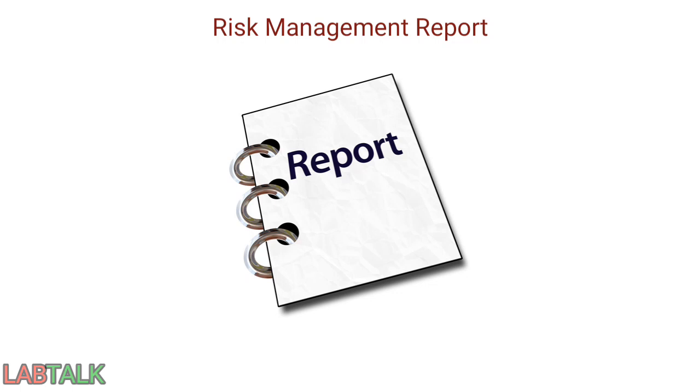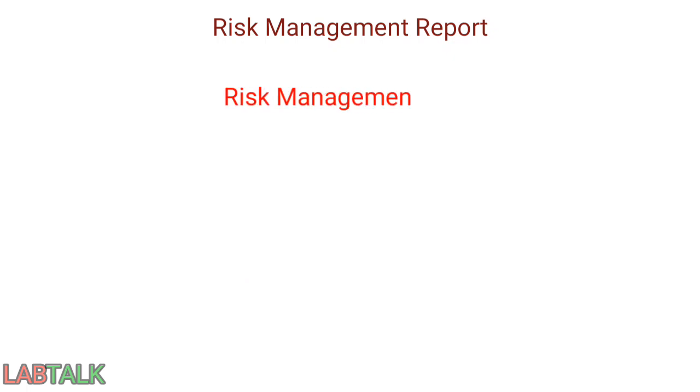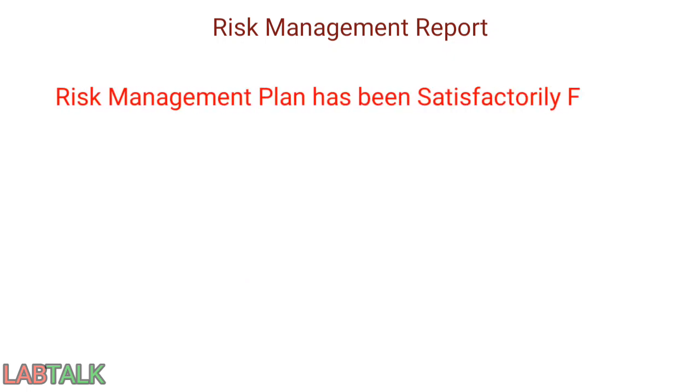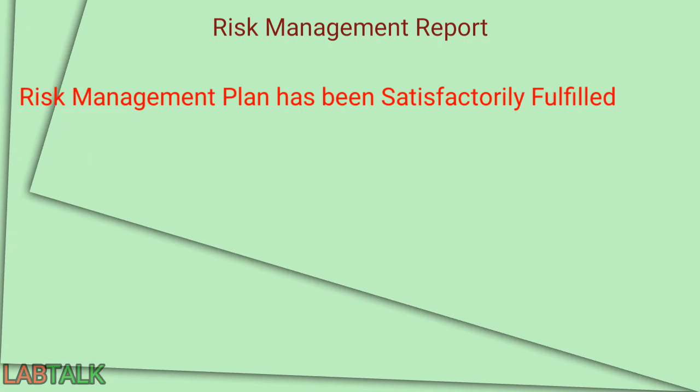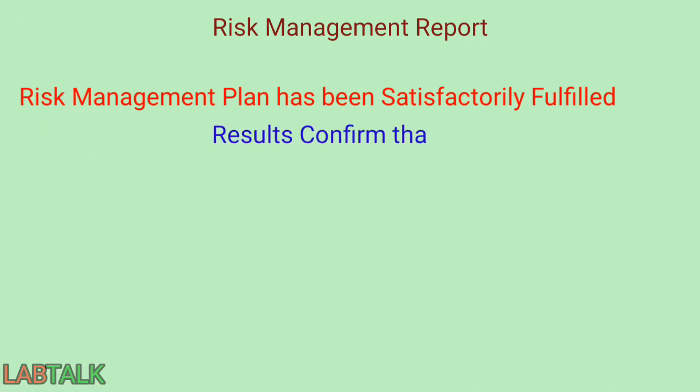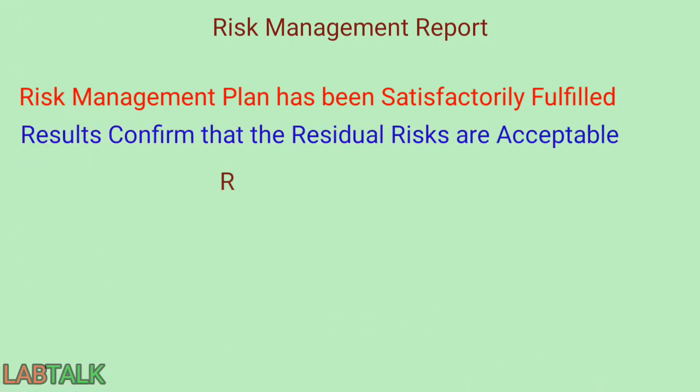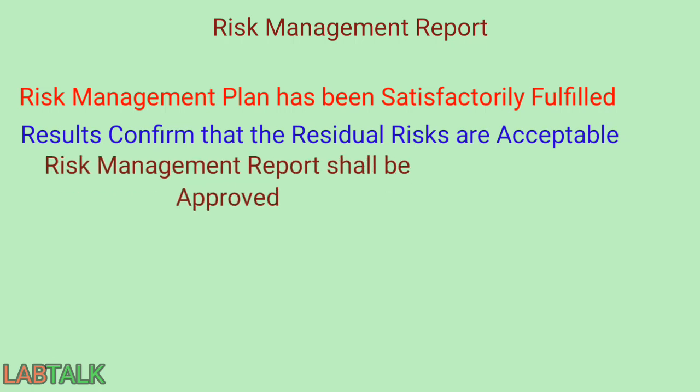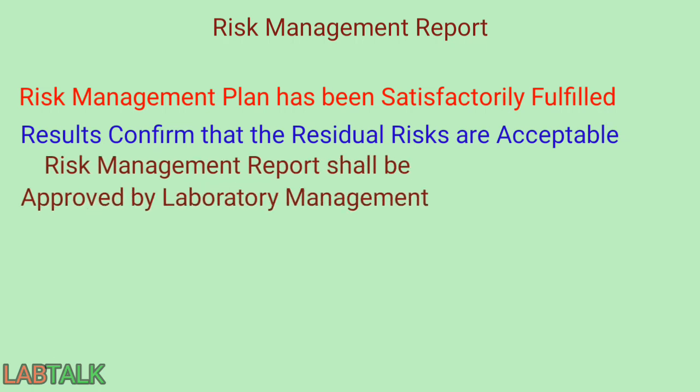Here I have mentioned. First is the risk management plan, whether it has been satisfactorily fulfilled or not. Second, results confirm that the residual risk is acceptable or not. And finally, the risk management report shall be approved by the laboratory management. So these are the three important parts of the risk management report.